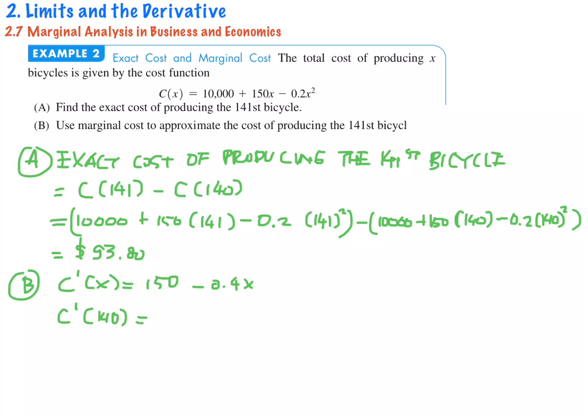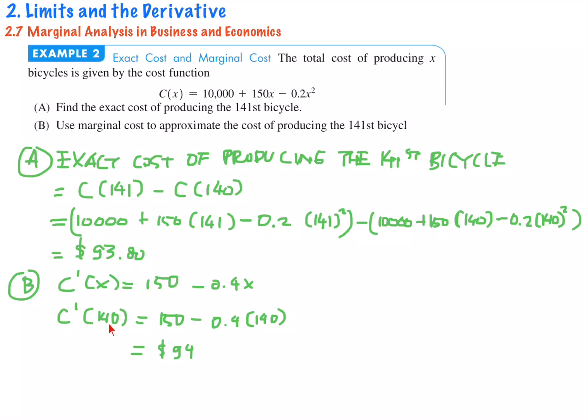Because the tangent line is taken at 140 to estimate the next item, which is the 141st item. So 150 subtract 0.4 times 140, and we get $94. As you can see, the difference is not much, 0.2, or 20 cents.